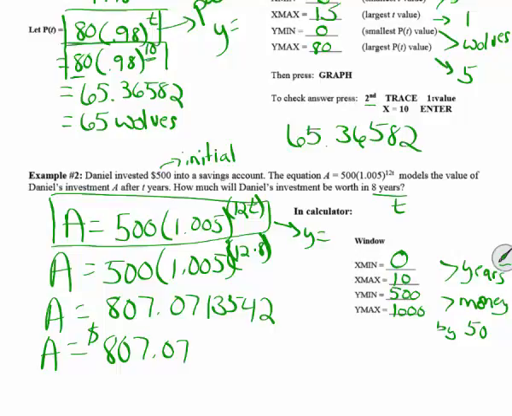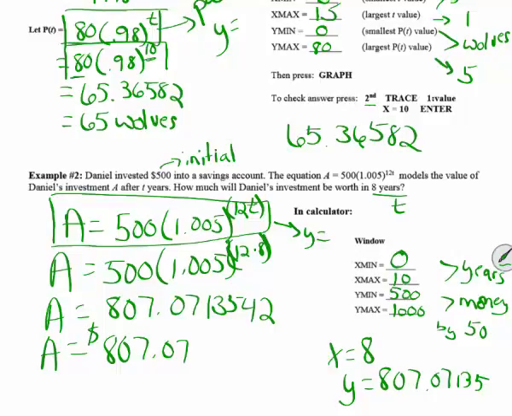And when you do that, we're going to do second trace value, x equals, but this time x is going to equal 8. And it will tell you that you get the same answer if you did it correctly. That's always the key. This is why it's a check on the calculator.